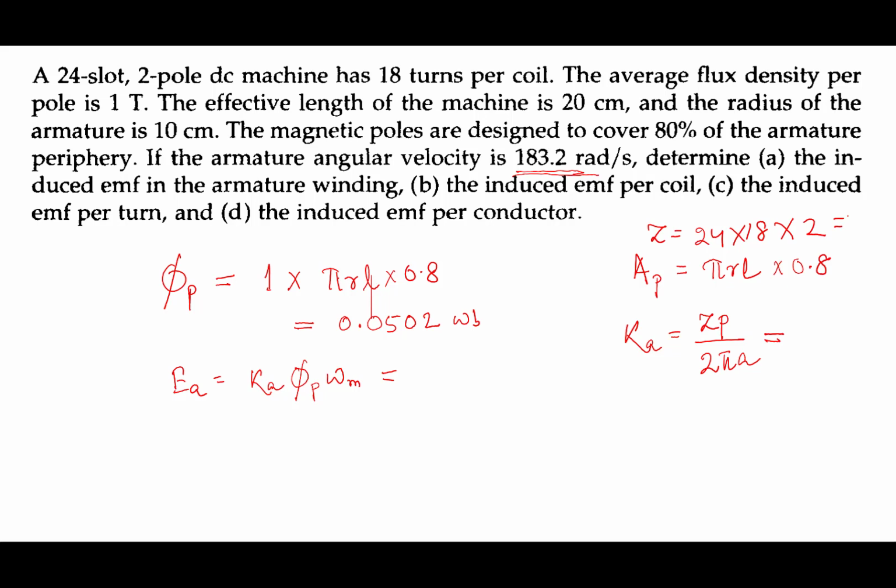That is Z. So now you can find Ka. So what is Ka? Let us assume it is lap winding, so A equal to P, that is equal to 2.